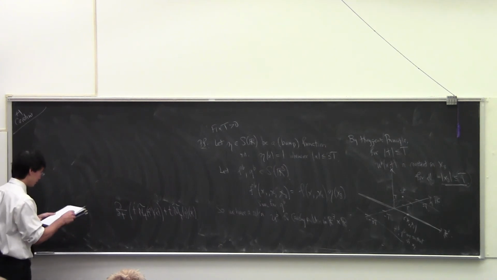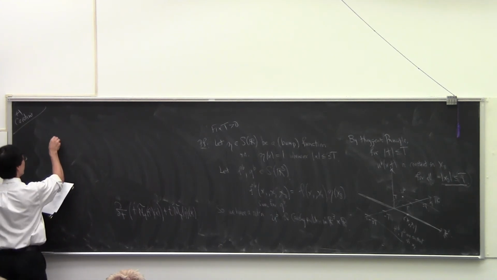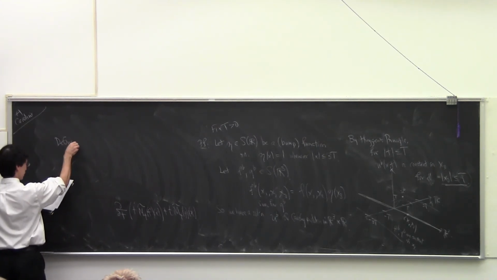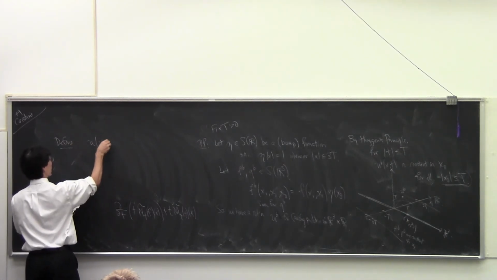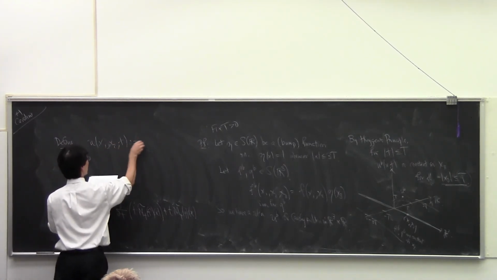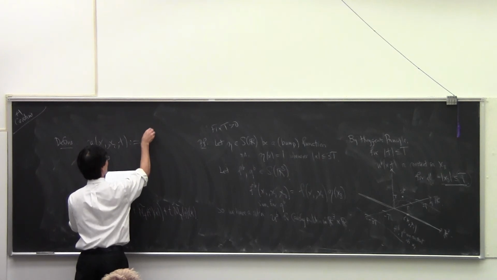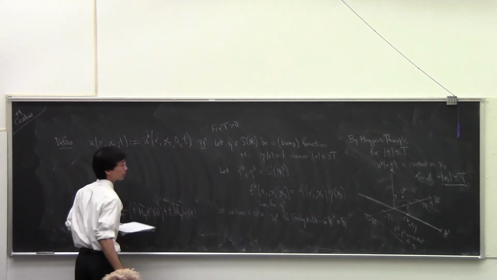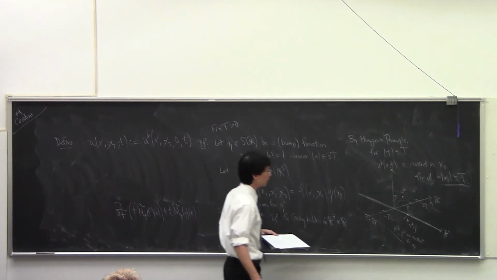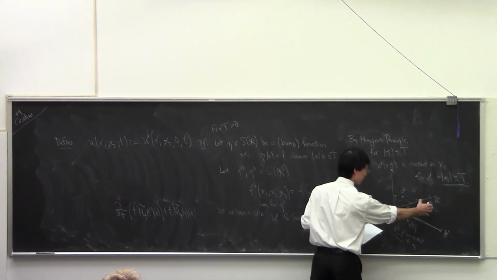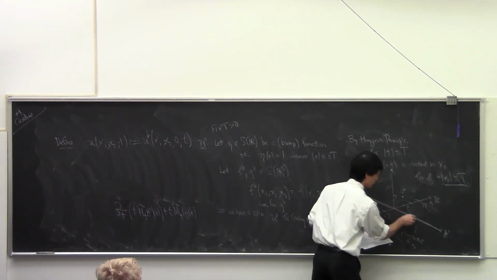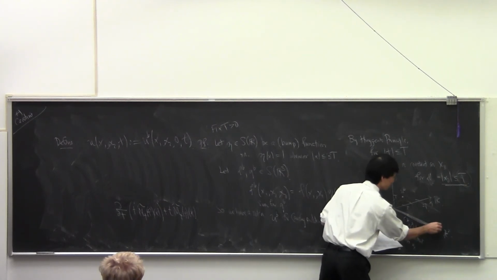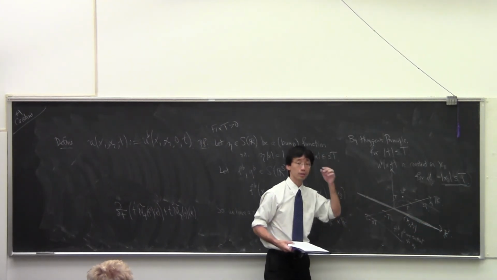Okay, so now we create the solution. Define u of x1, x2, t as u flat of x1, x2, 0, t. Okay, so we just take the values along this line here.